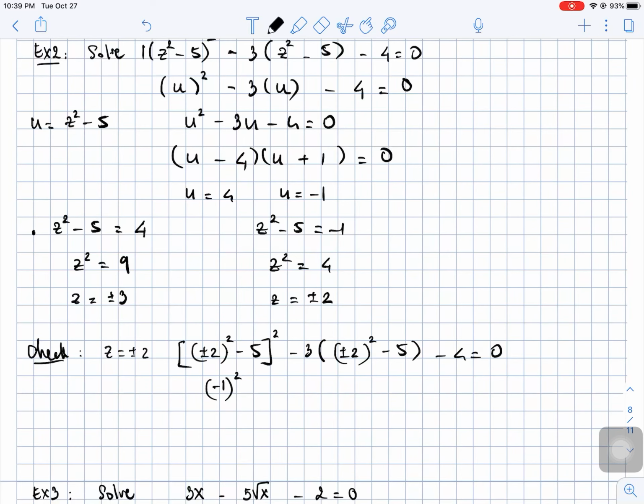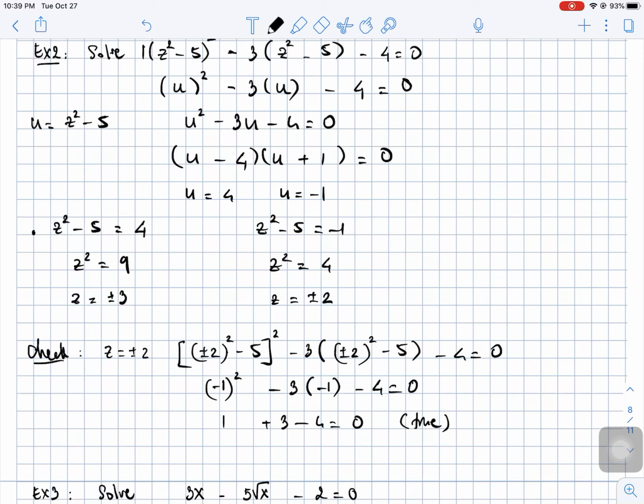So plus minus 2 squared minus 5, squared minus 3, then plus minus 2 squared minus 5 minus 4 equals 0. Plus minus 2 squared gives us 4, and 4 minus 5 is -1.